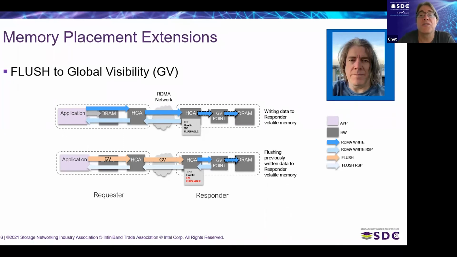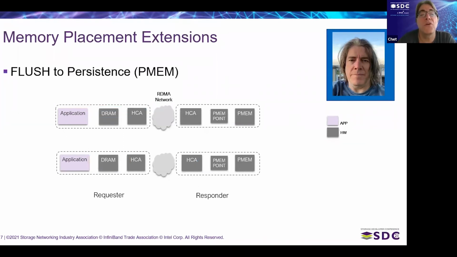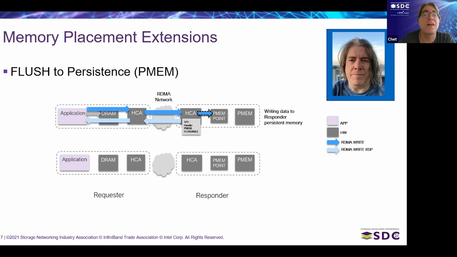So now I'm going to show you the exact same example with PMEM. In this case, we're going to write to persistent memory. We look it up and the handle says, oh, we're writing to PMEM and it's flushable. Again, the write completion tells you nothing about where that data is in flight. So we're going to follow that with a flush.